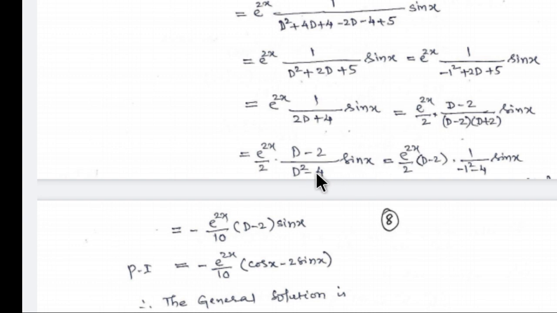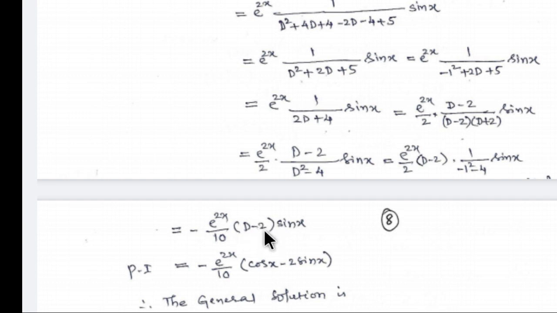Here again D squared is replaced by minus 1 squared, and it is clear that the denominator is not 0 after substituting. So substitute minus 1 minus 4, giving minus 5 into 2, which is minus 10. So minus of e raised to 2x by 10 into (D minus 2) of sin x.